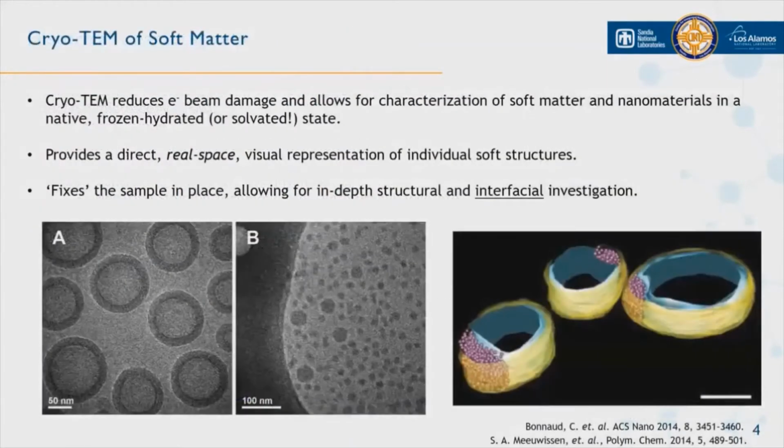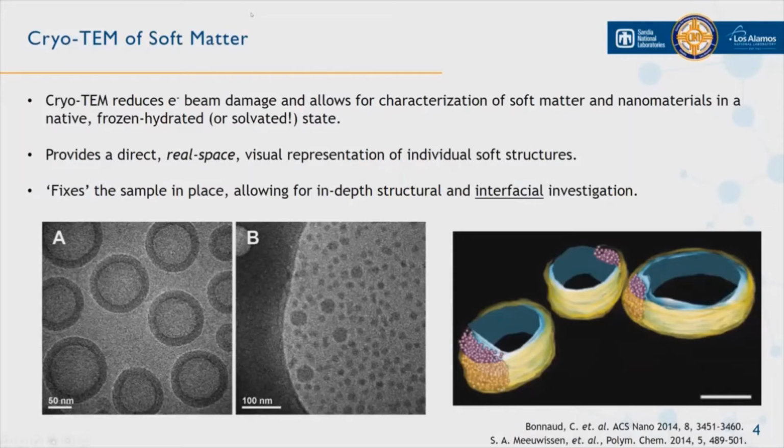The recent development of cryogenic transmission electron microscopy, or cryo-TEM, is providing the soft matter community with an exciting opportunity to probe the structure of these soft materials in real space. Cryo-TEM reduces electron beam damage and allows for characterization in a native, frozen, and hydrated or solvated state, providing direct visual representation of the soft structure.